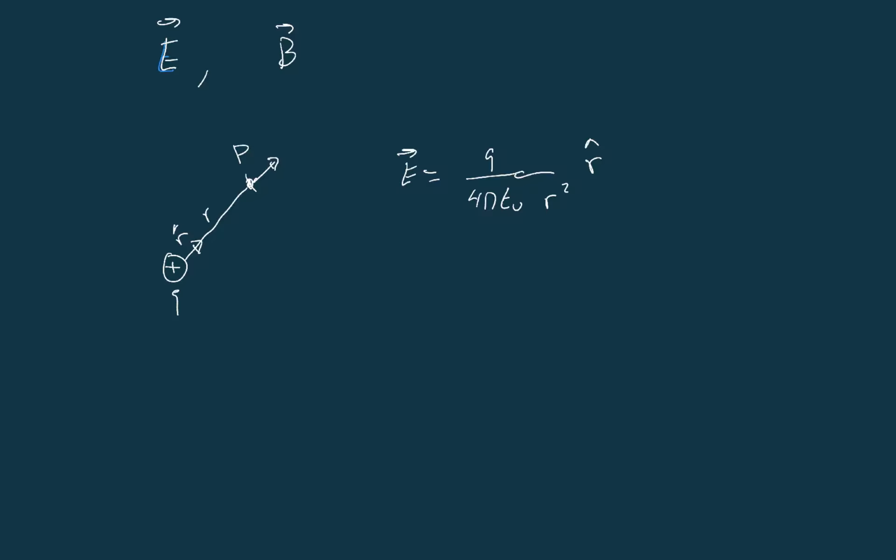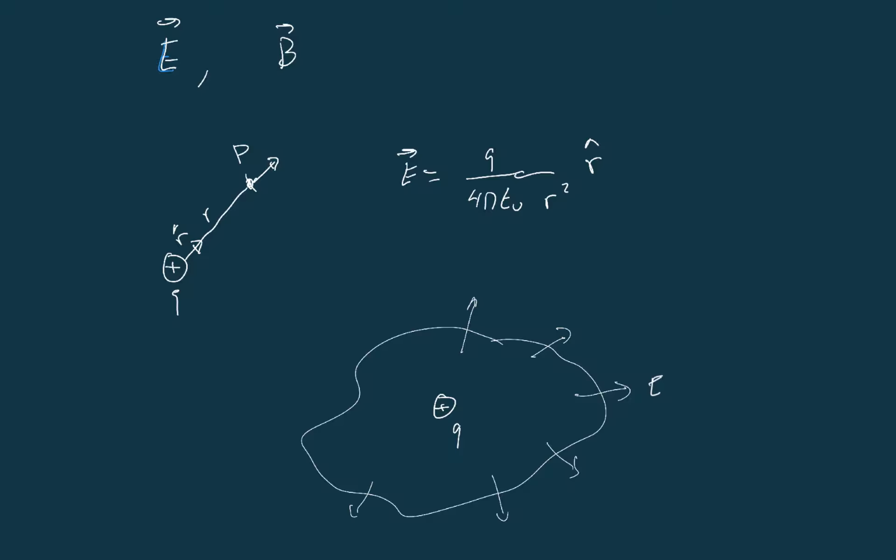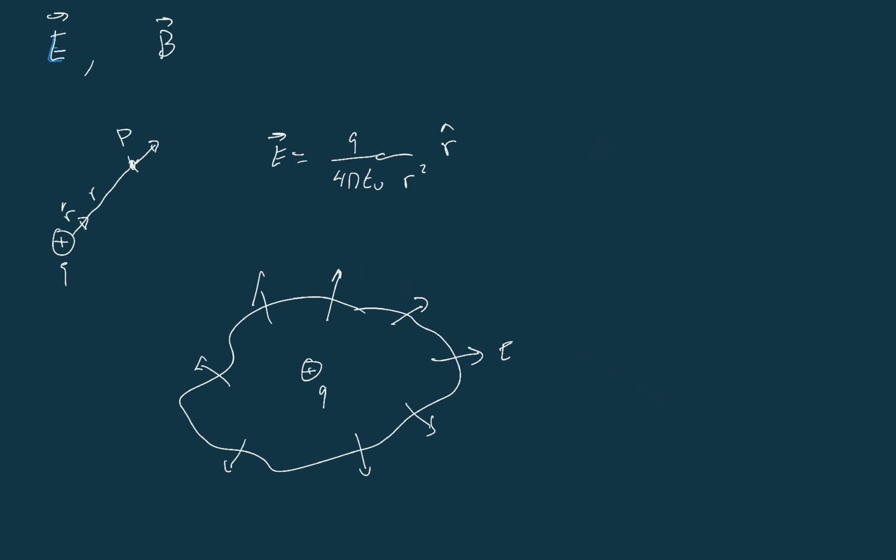And what do Maxwell's equations say? It says this: if you construct any surface around the charge Q, and you measure the flux of the electric field around this charge, the integral over the closed surface of E scalar dA, the flux is always equal to the charge divided by epsilon sub 0.